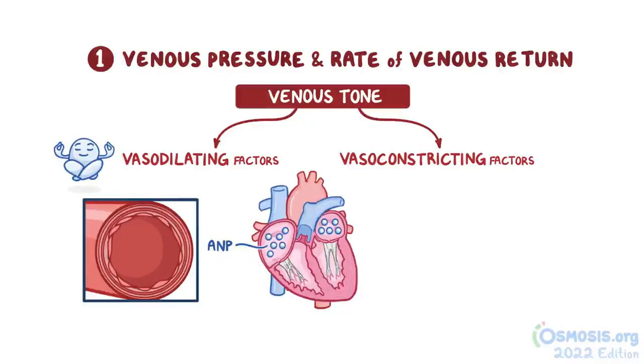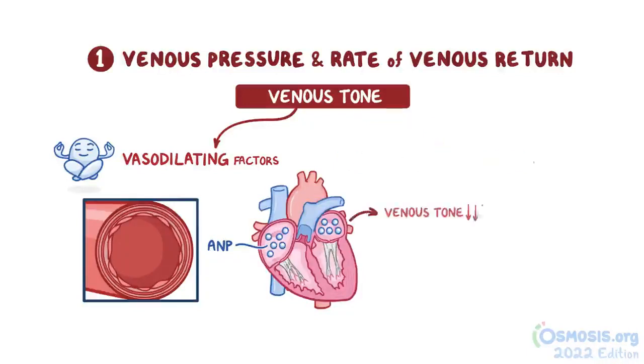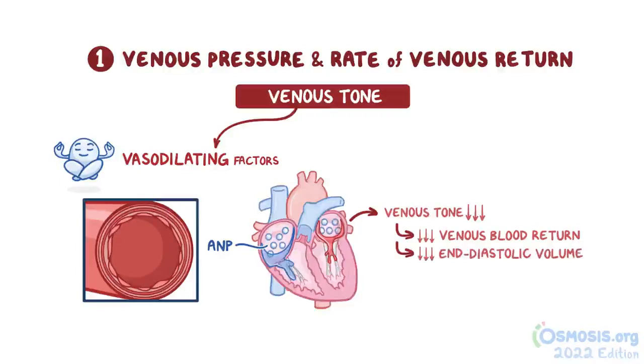When ANP is secreted and venous tone decreases, that results in peripheral pooling of the blood and decreased return of the venous blood to the heart. Moreover, the decreased return of the venous blood leads to decreased left ventricular pressure and decreased end diastolic volume, and therefore decreased cardiac preload.